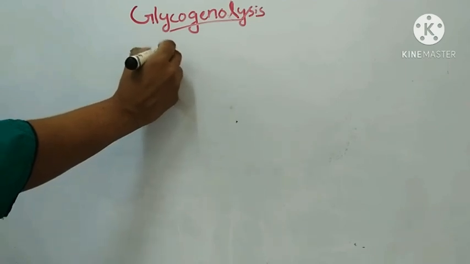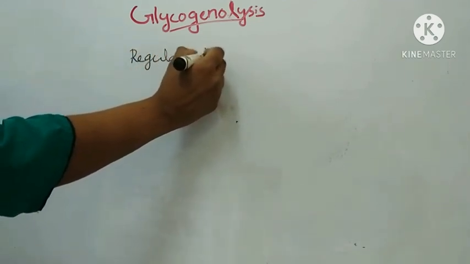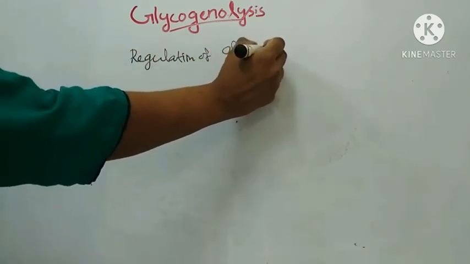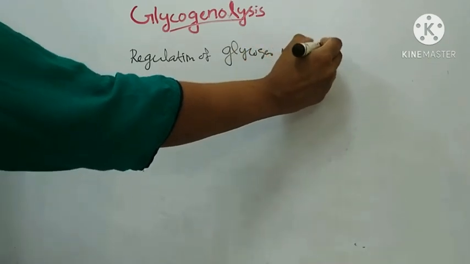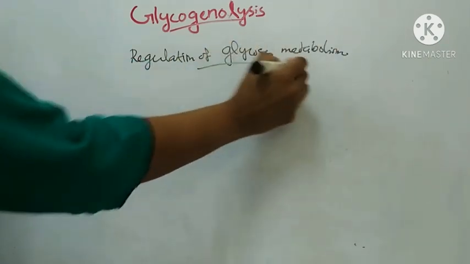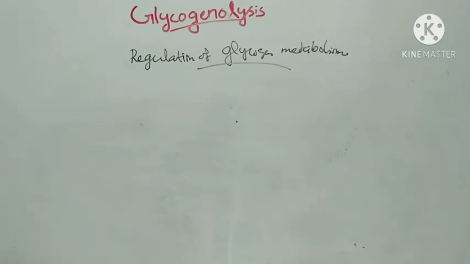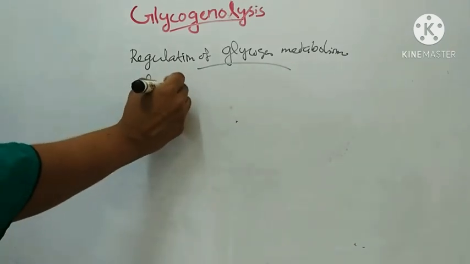Regulation of glycogen metabolism. This regulation is achieved by a balance in activities between glycogen synthase and phosphorylase.